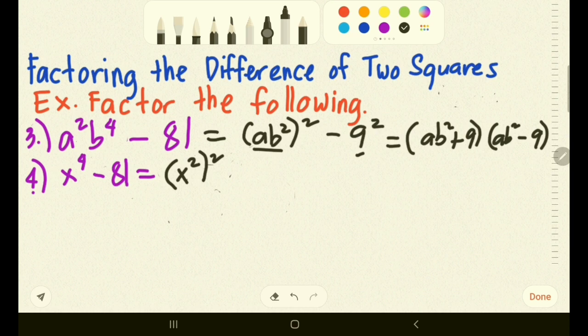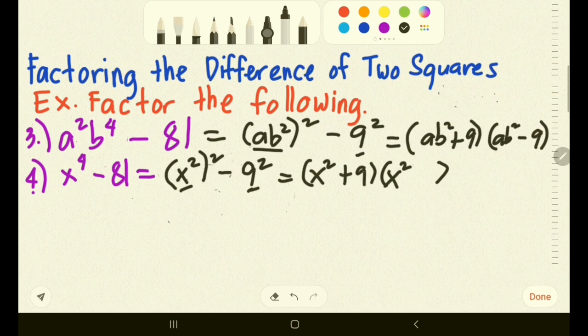So express each term to the power of 2. And then 81 is 9 squared. Get the factors. Base, you have x squared, first term here x squared also, and then 9 plus 9 minus 9.